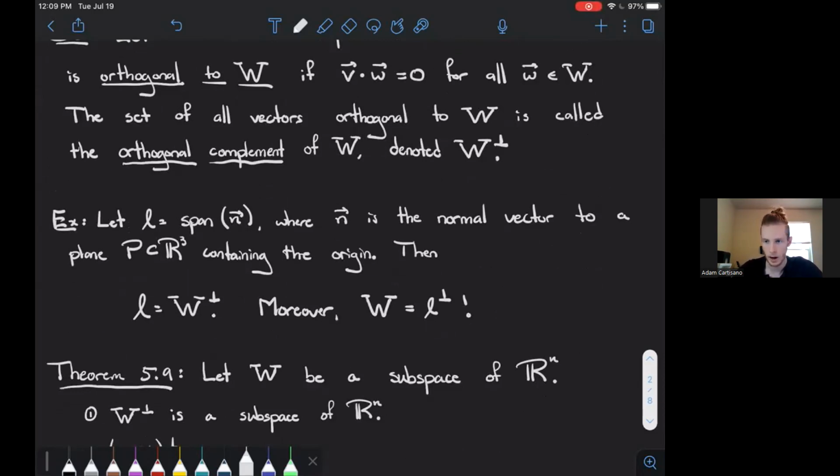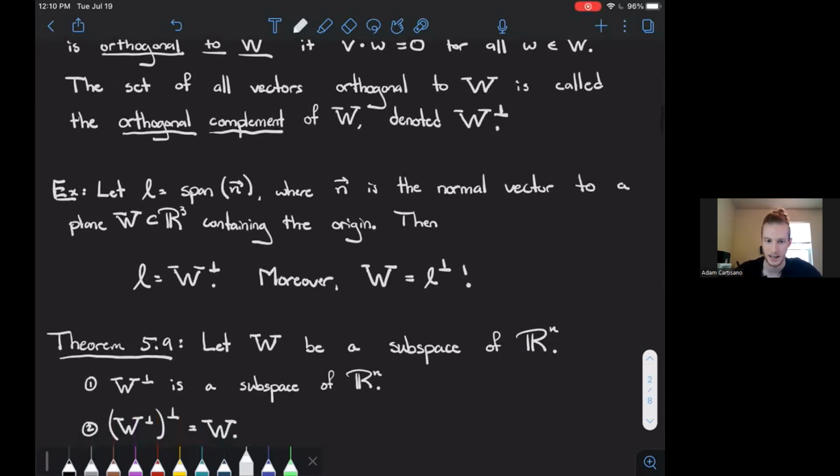But more importantly, every vector in W is perpendicular to a vector inside of L, which means W is L perp, the orthogonal complement of that line. What is its orthogonal complement? Well, it's the entire plane W. Okay, great.